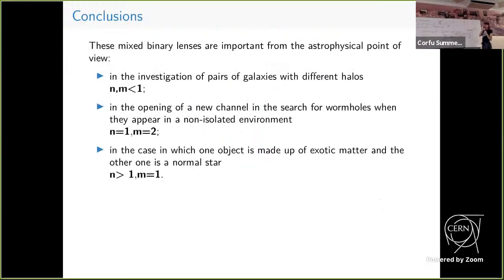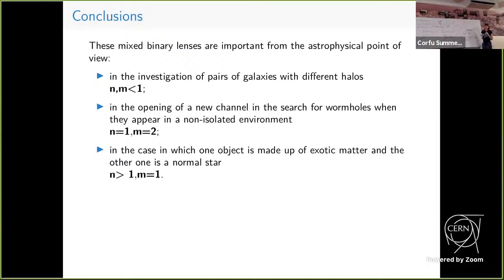My conclusions are that these mixed binary systems are important for several reasons. First of all, we can use this kind of model in the investigation of pairs of galaxies with different halos, so we are in the range in which the index of the potential is less than 1.